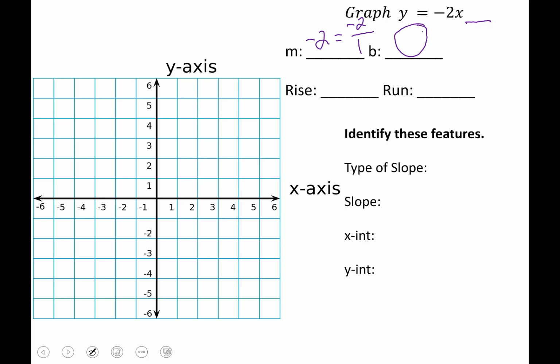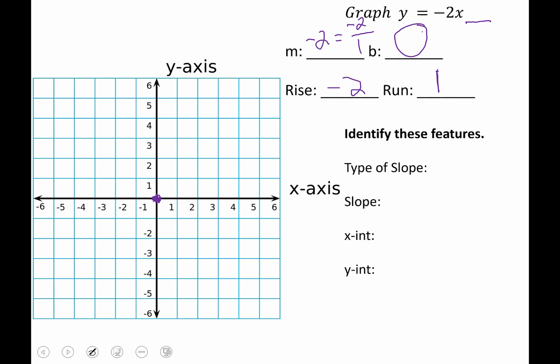Okay, so that tells me I'm going to put a dot at the very center of my graph. And then I'm going to use my rise, which is -2, and my run, which is 1, because remember, a whole number can be written as a fraction as that number over 1.